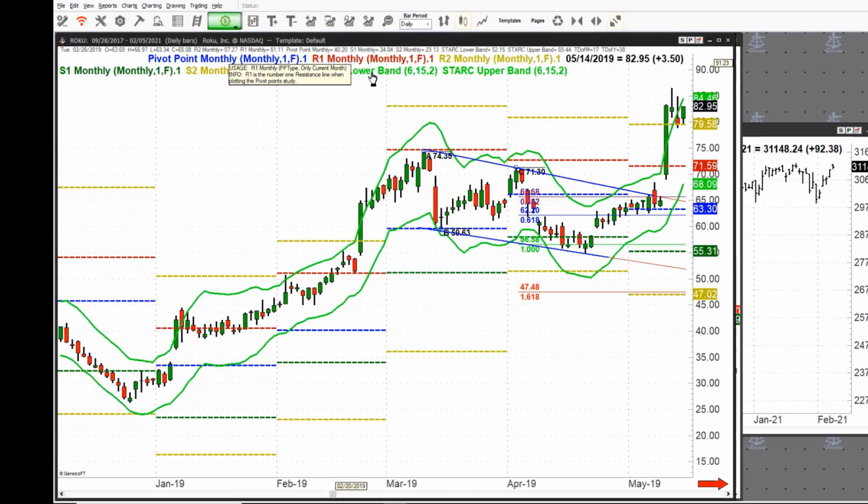Look what happened at that March high, right near the resistance. The R1 resistance for March was almost hit exactly. It got down to the pivot, rallied back up, didn't quite get to the R1 in April, declined below the S1 here. This green line is an S1, and then bottomed out back above the pivot.